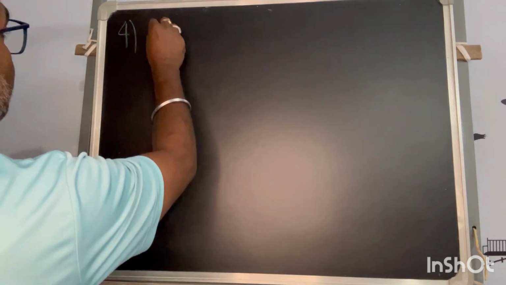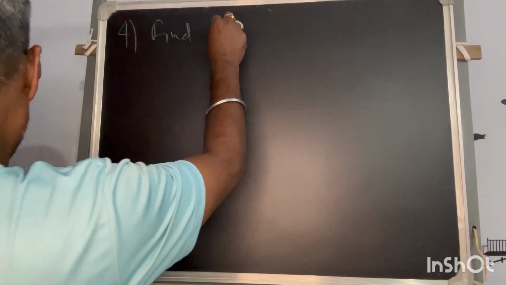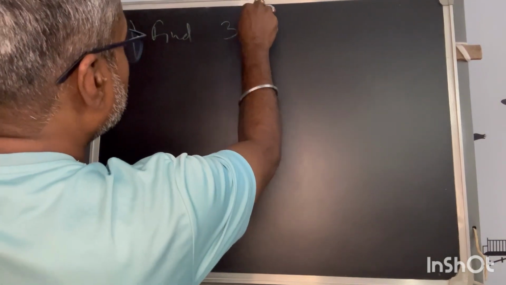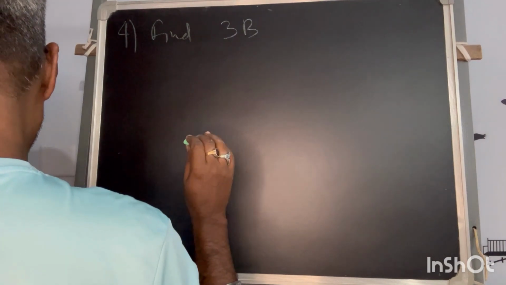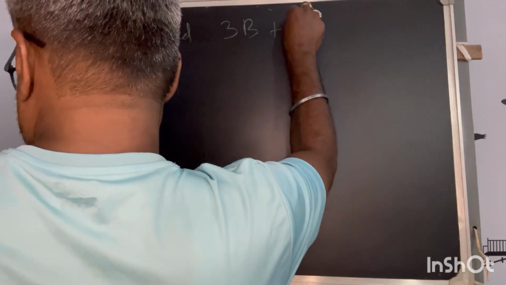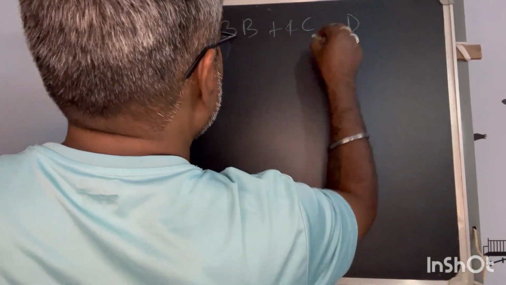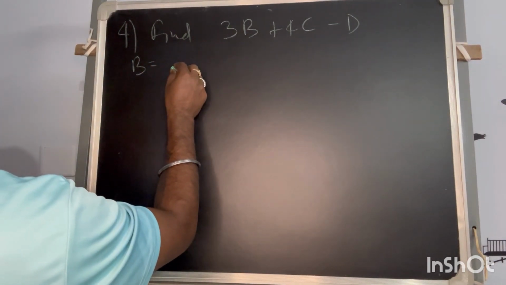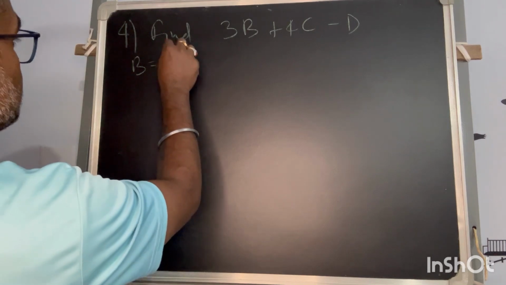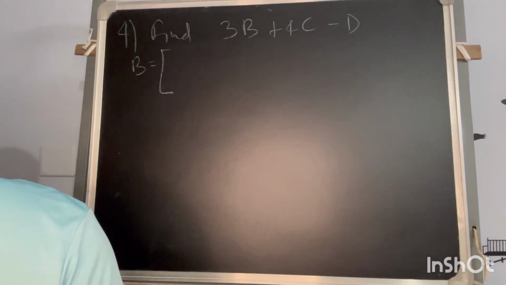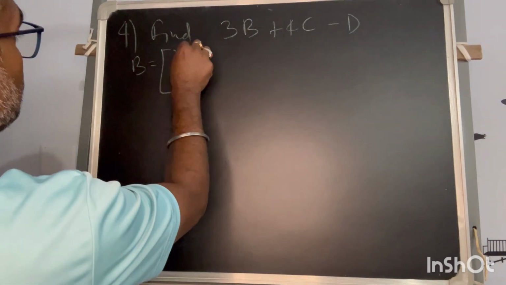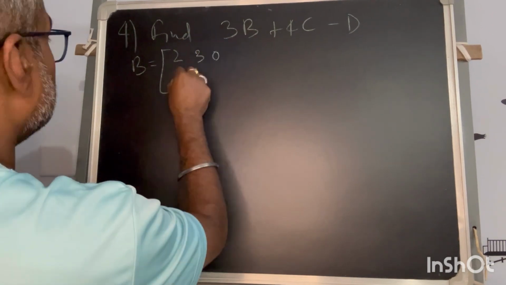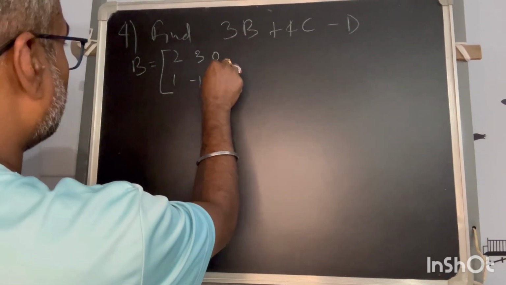The fourth sum is you have to find 3b, 4c, and minus d. There are three matrices. So I am writing the matrices that are given here. B is given as 2 3 0 1 minus 1 5.